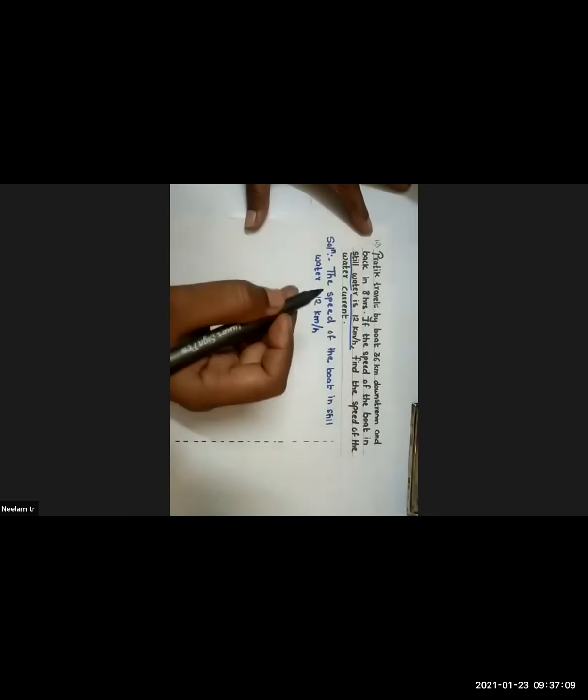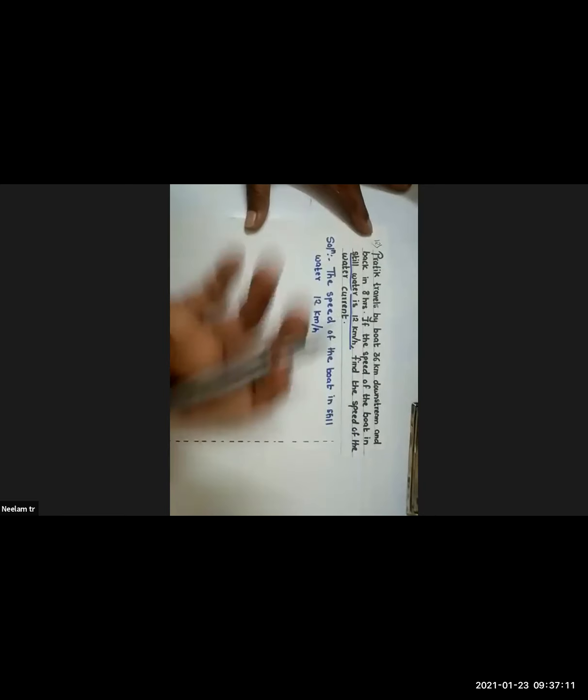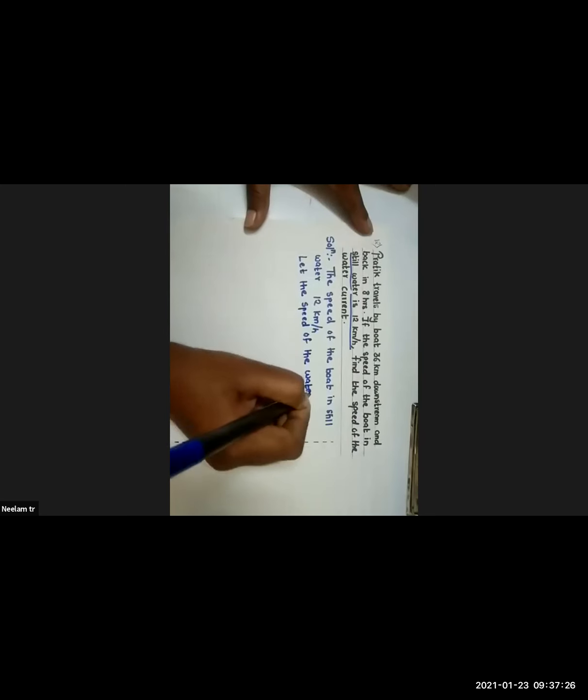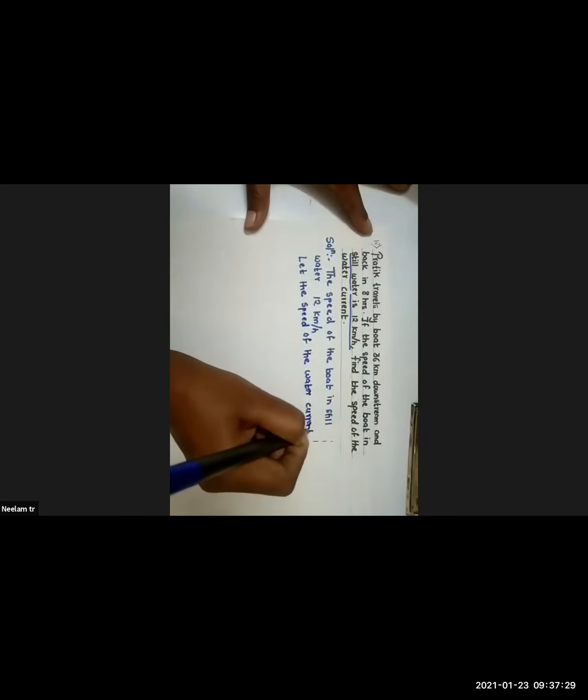Then let the speed of the water current be x kilometer per hour. The water is flowing at some speed, that is x kilometer per hour we are assuming.